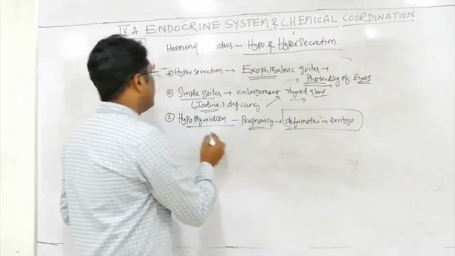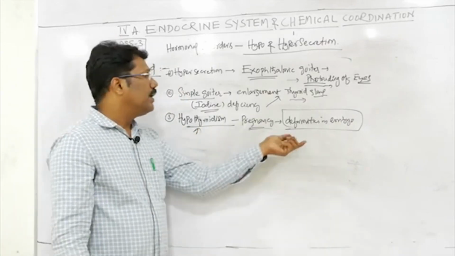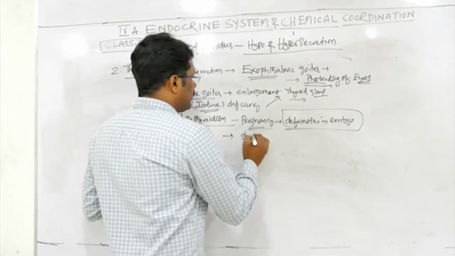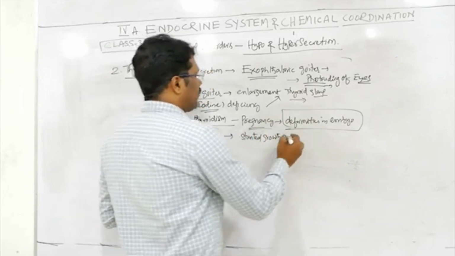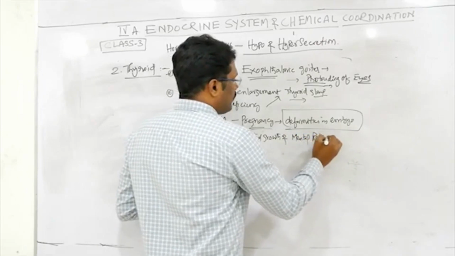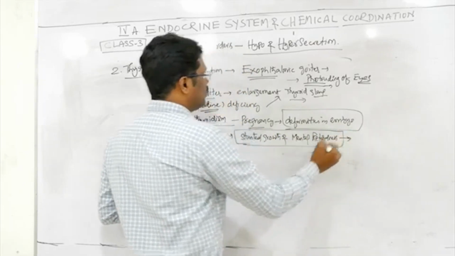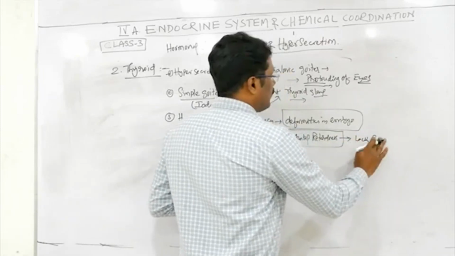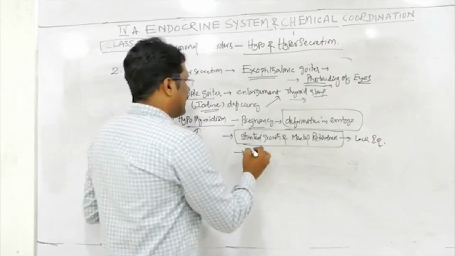So during pregnancy, if the woman encounters this hypothyroidism, that means the thyroxine is released in very low amounts, it leads to deformities in the embryo, and it leads to stunted growth and mental retardedness. Stunted growth and mental retardedness lead to lack of IQ, and this is called cretinism.